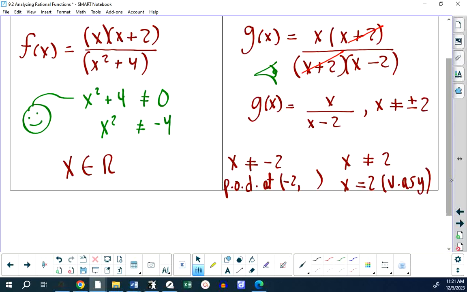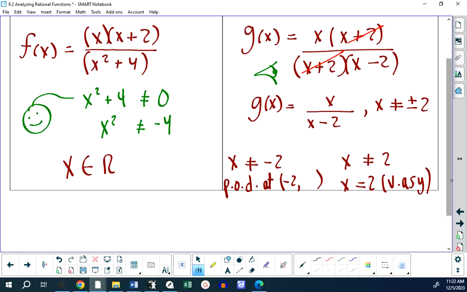We could put this original function into a graphing calculator and start going trace negative 2.001 and seeing what it's getting close to. Or we can remember what I've told you. If you want to find the value of y that's not allowed, take the value of x that's not allowed and put it into this function.